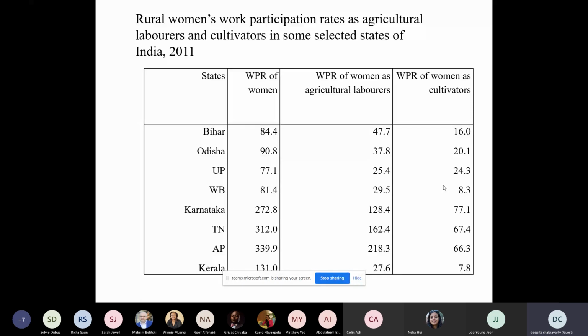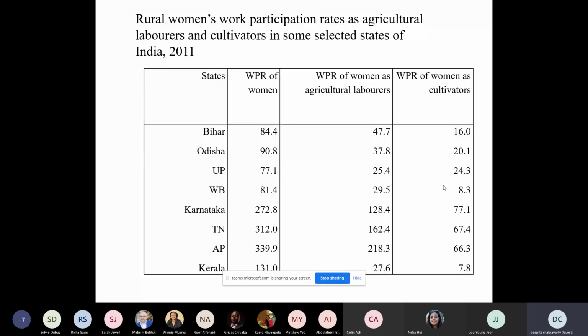I'm trying to say that because the landholding structure in the eastern region, particularly in West Bengal, is more equal, and in fact, later on we'll see that historically it is more equal, the prevalence of smallholding agriculture, smallholding cultivating families, is much higher compared to the southern region. And as a result, the peasant woman in eastern India works mostly in cultivating the household plots.